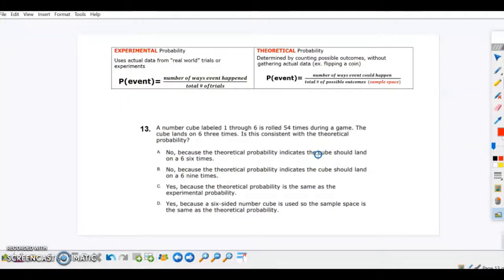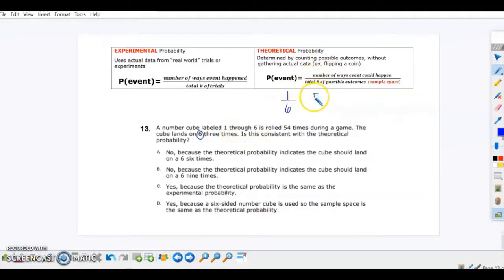Now, let's do another one like that. Another cube that is rolled 54 times. So if you roll a die 54 times, theoretically you should get a 6. Let's figure out how many times. The probability of getting a 6 is 1/6, theoretically.